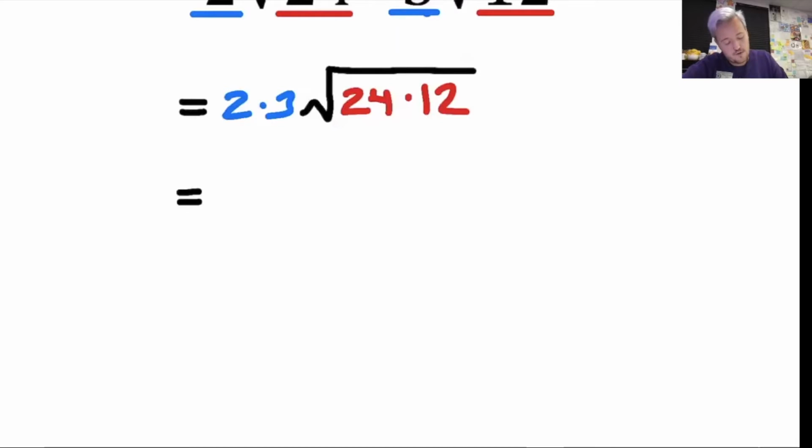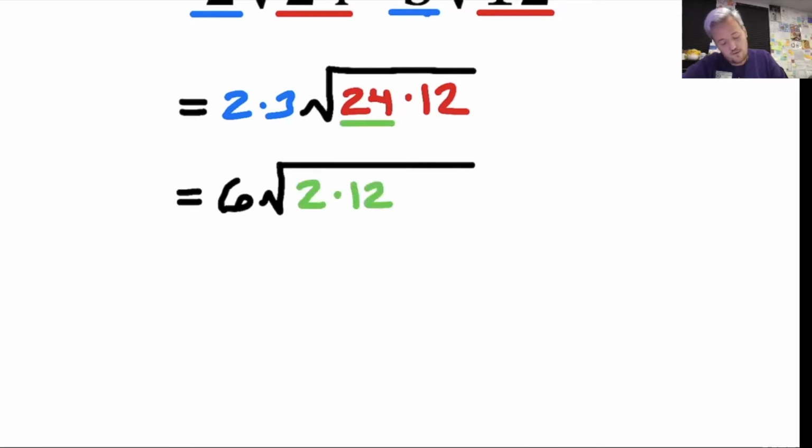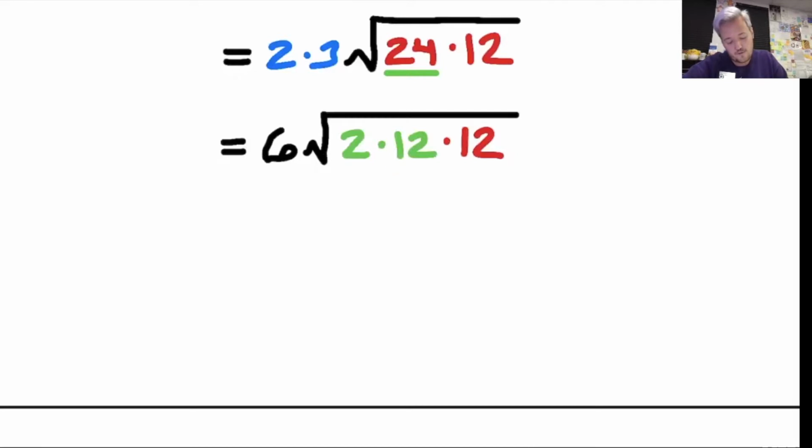All right, so 2 times 3 is going to give you 6. And then over here in the radical, I'm actually going to split up this 24. So this 24, I'm going to rewrite as 2 and 12 so that I still have that 12 here. Now I have a pair of 12s right here.